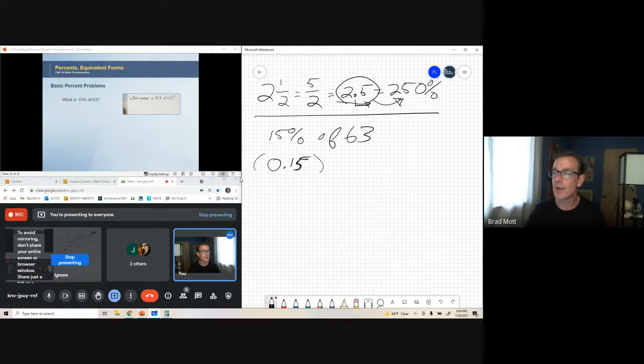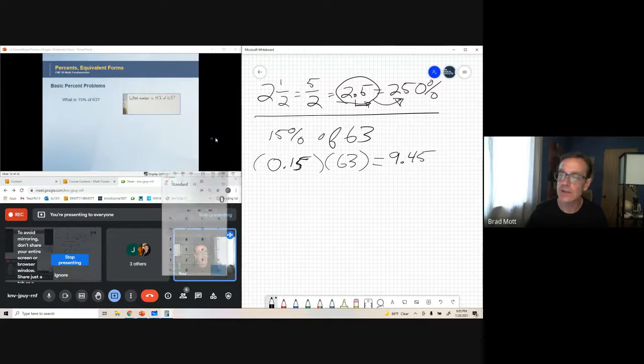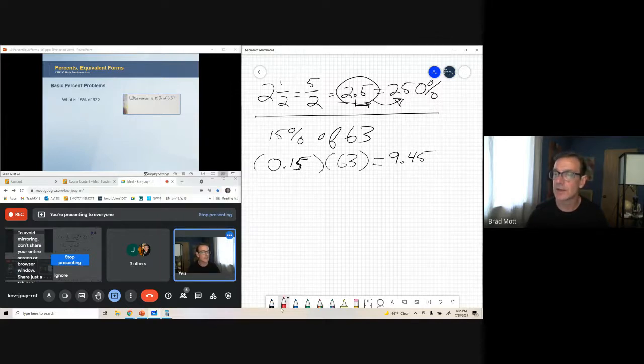We want to multiply that by the number we're looking at, which is 63. So that would be 0.15 times 63. So the number 9.45 is 15% of 63.